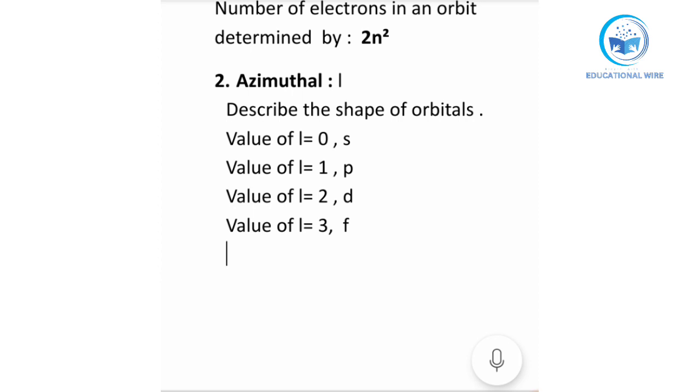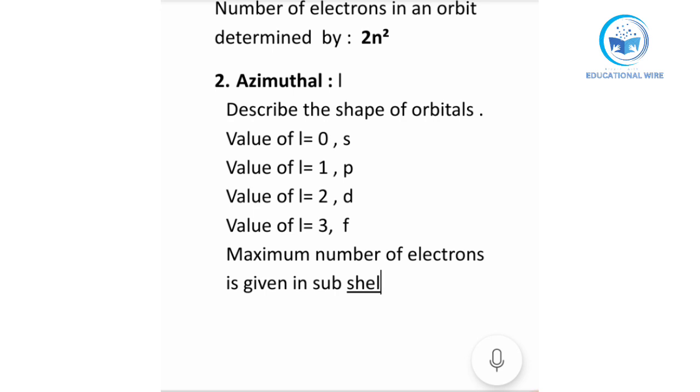How can we find the maximum number of electrons given in a subshell?